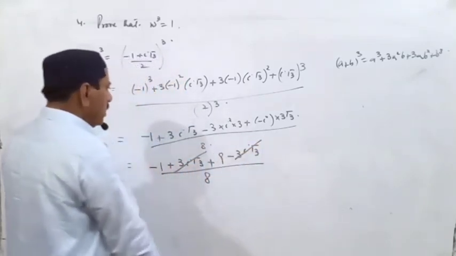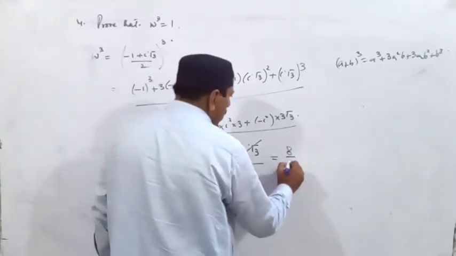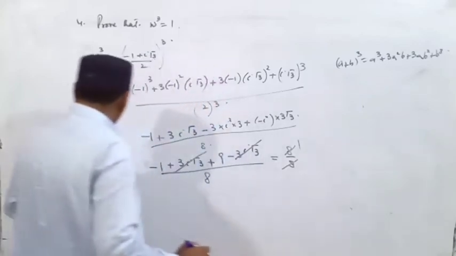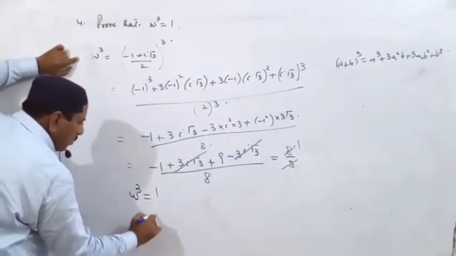This and this cancel. Minus 1 plus 9 means 8, 8 upon 8 is 1. So therefore, the value of omega cube is equal to 1. Proved.